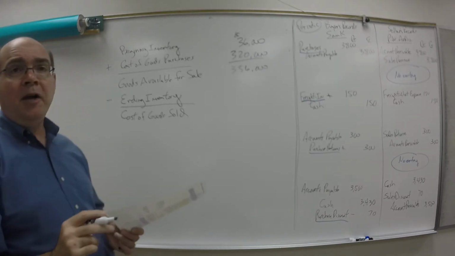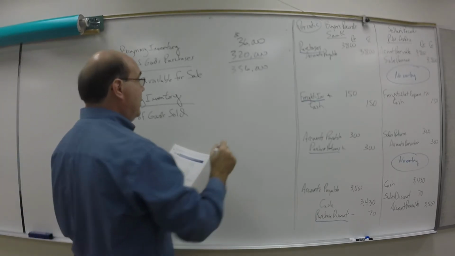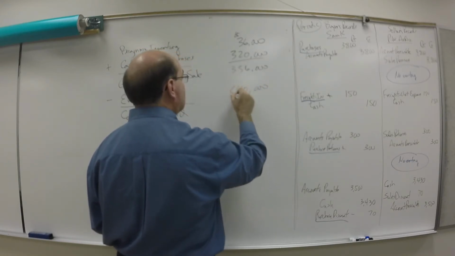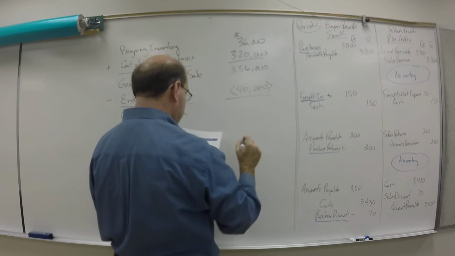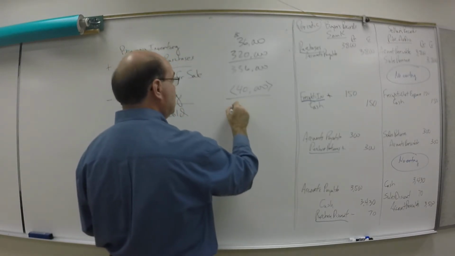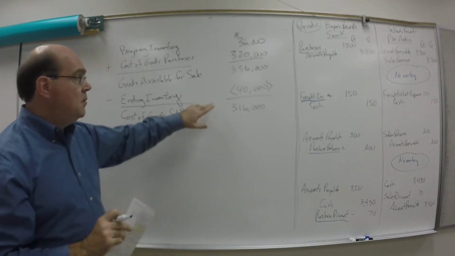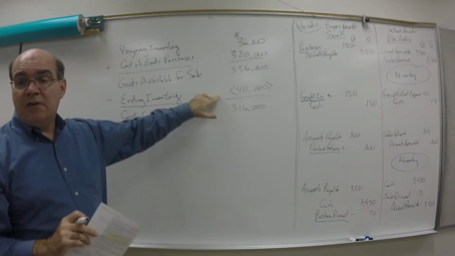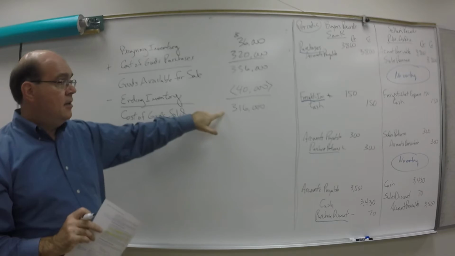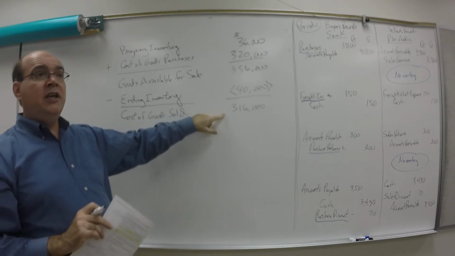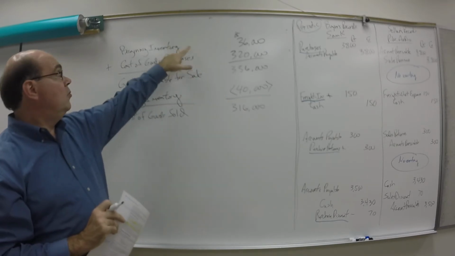But it wasn't all there when I went out and counted. When I counted it, I only had $40,000 worth of merchandise that I could find in the warehouse. So the difference must have been the stuff that was gone, and the reason it was gone was because we sold it. This becomes your new ending balance for this period on your balance sheet. This becomes your cost of goods sold on your income statement. And when you start your next accounting period, this becomes your new beginning balance.